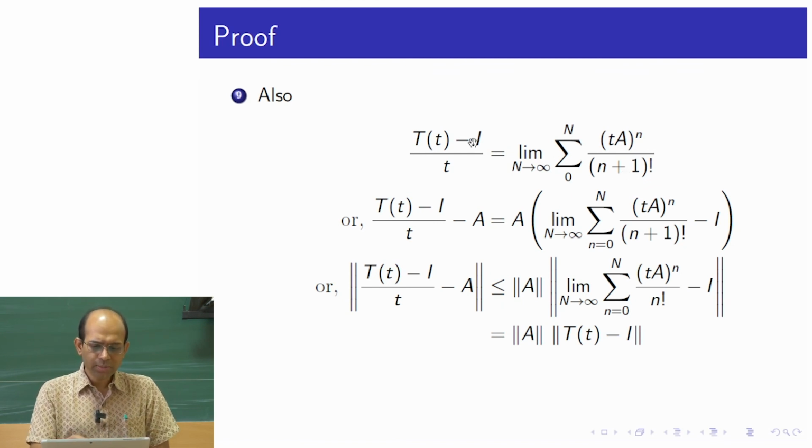Now Tt minus I divided by t, minus a. So I subtract a from both sides. For the n equal to 0 case, I would have t a to the power of 0, that is identity, and here just 1 factorial, so I get just identity.